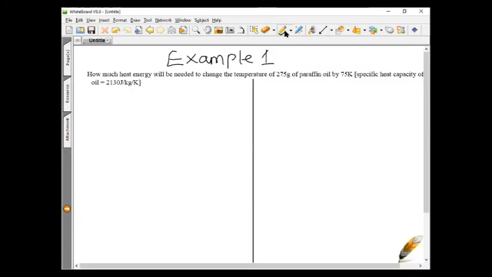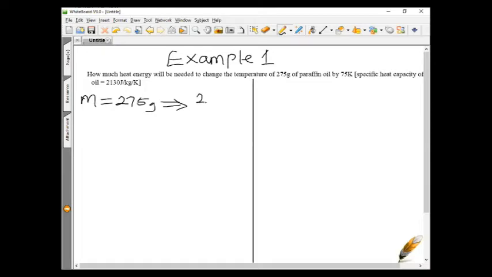Now, what are the parameters given? We have the mass of paraffin to be 275 grams. But we can convert this to kilogram since we are working with kilogram.